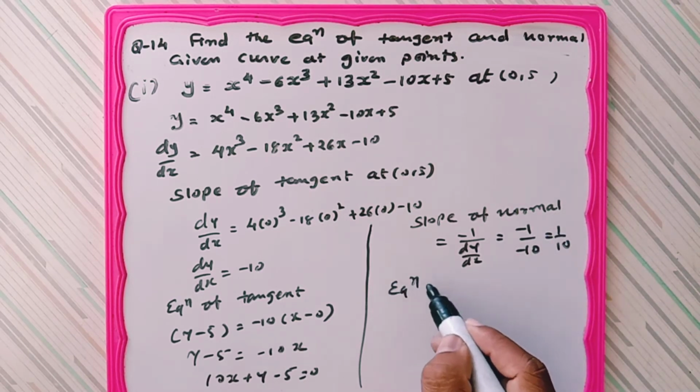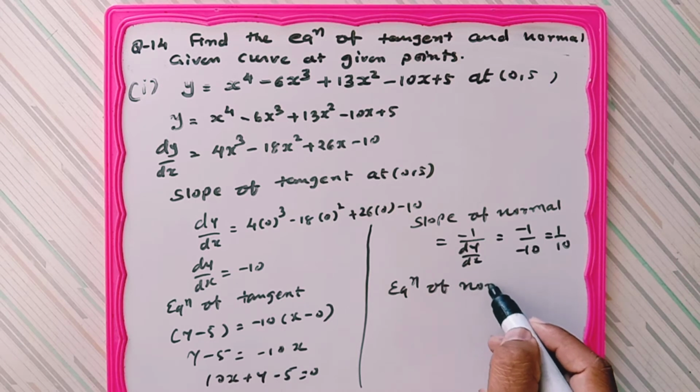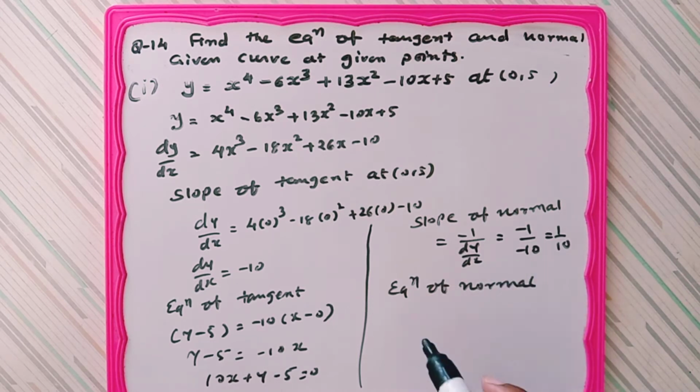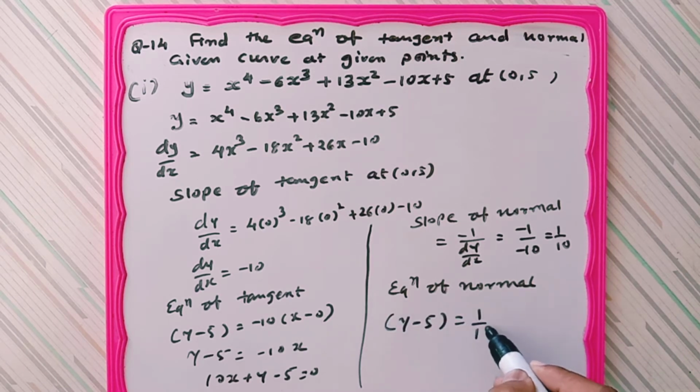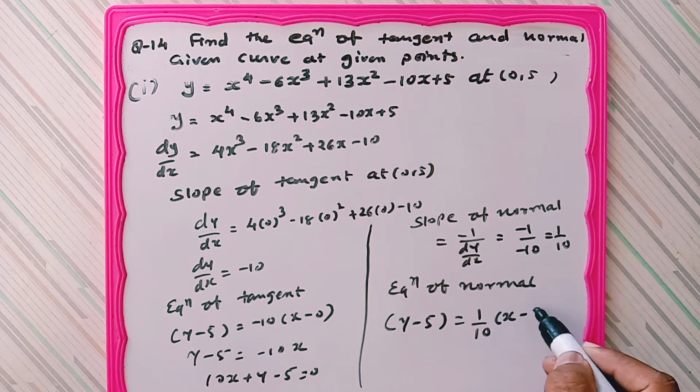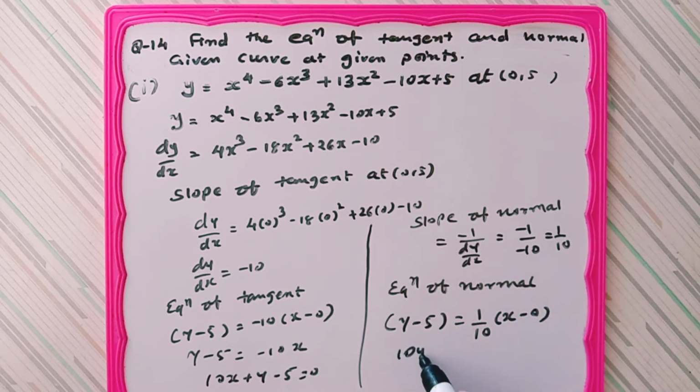And so the equation of the normal will be y minus 5 equals 1 by 10 (x minus 0). So 10y minus 50 equals x. So x minus 10y plus 50 equals 0.